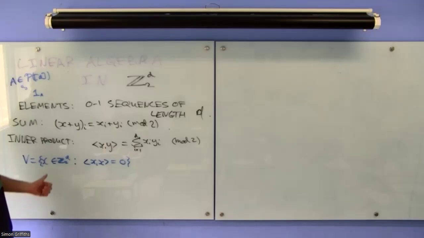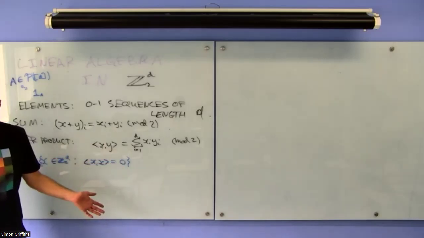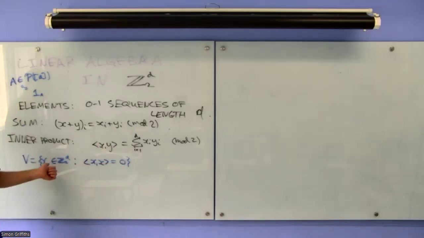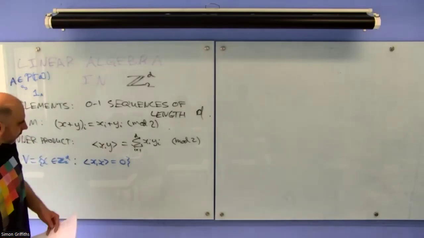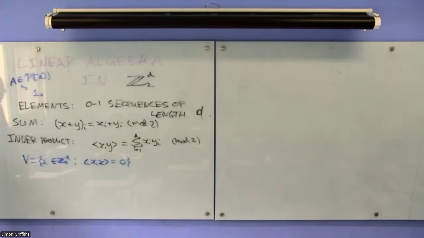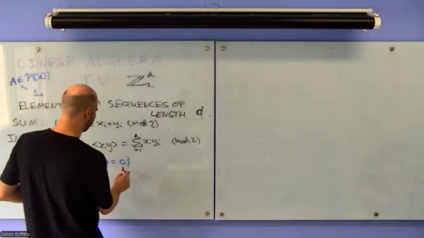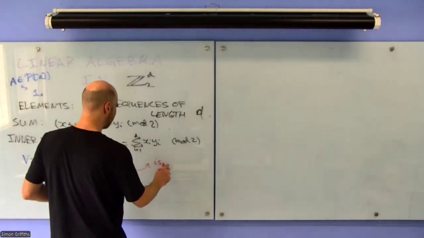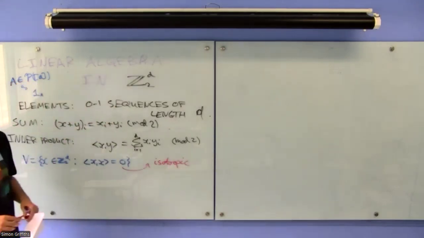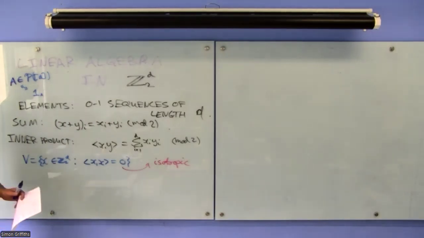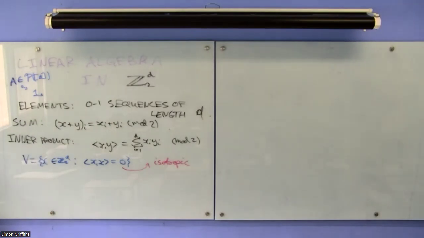It's basically any vector with an even number of ones. So this V is really the points with an even number of ones, or in the language of sets, the sets of even size. I've seen that people call this property of having inner product with yourself 0 isotropic, which seems like a fancy name. It's kind of like even in a sense, but maybe we can say isotropic.